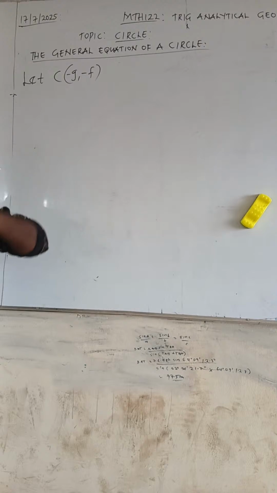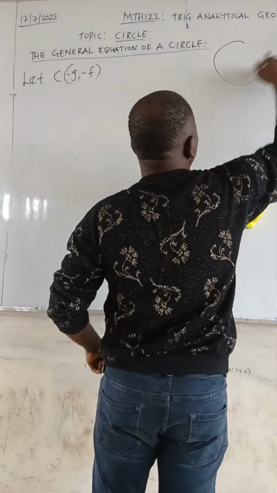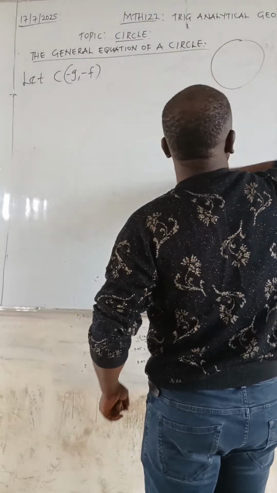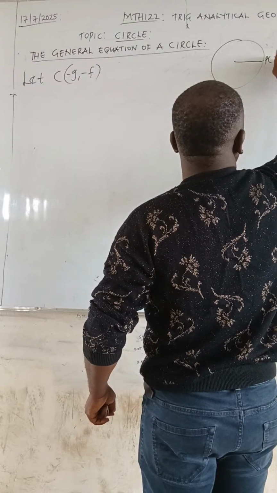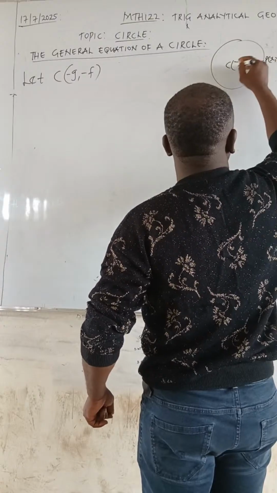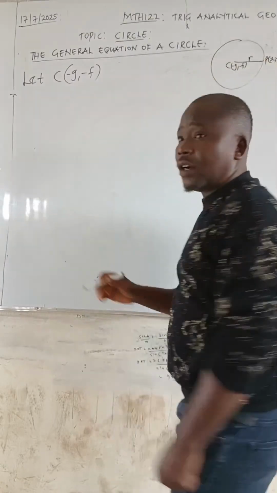The center is always negative. This implies that at P(x, y), the center C is (minus g, minus f). True or false?